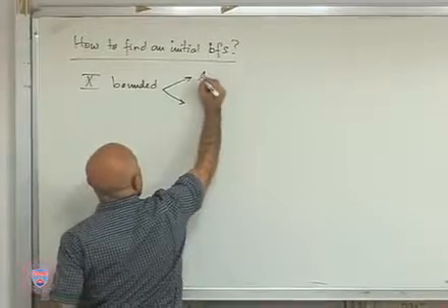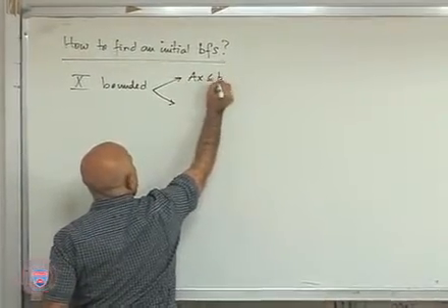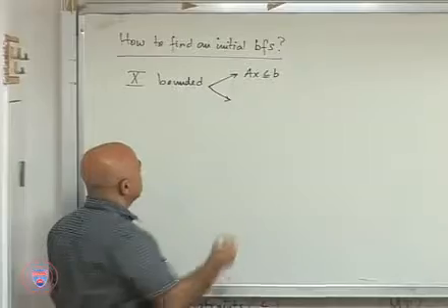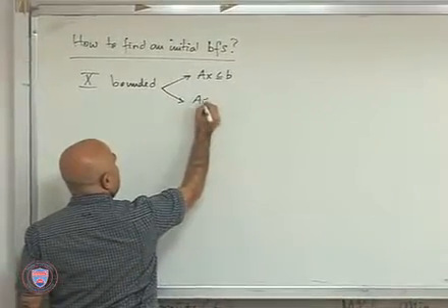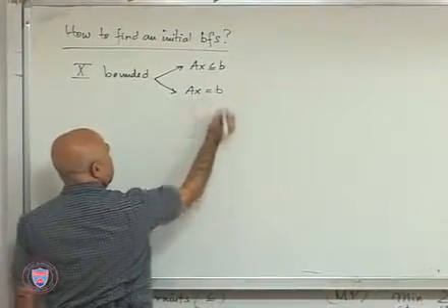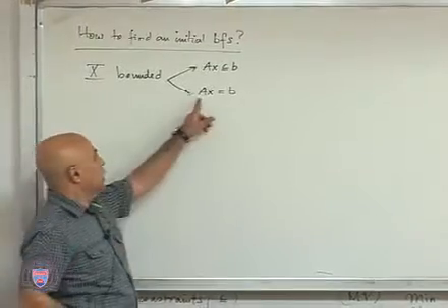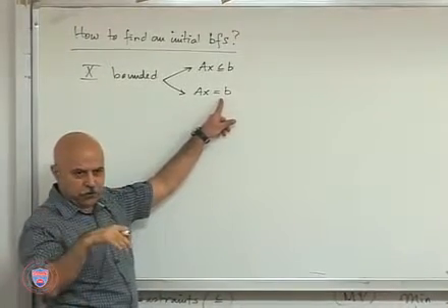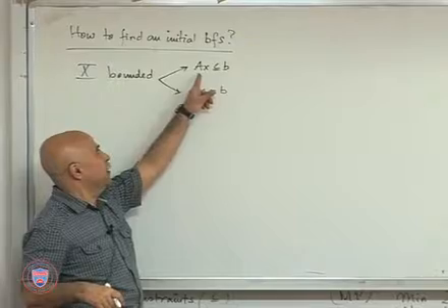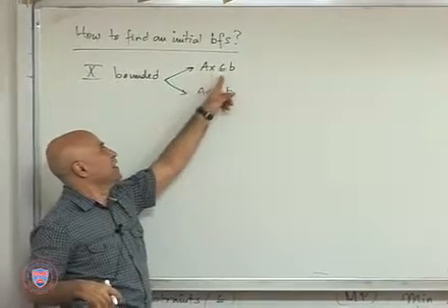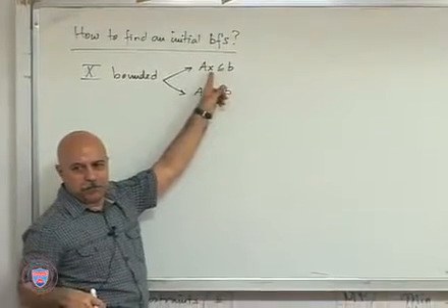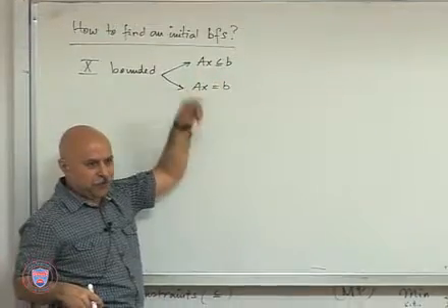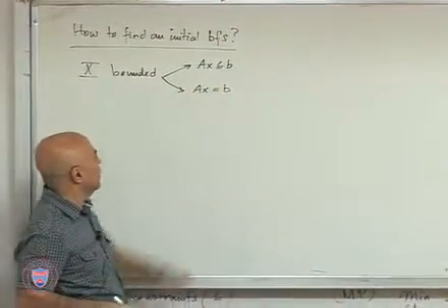One is when AX is less than or equal to B in the original problem. The other one is when AX is equal to B. I covered the AX equals B case first. However, I'm going to supply the initiating basic feasible solution for the second case first, and then we'll look at this one.